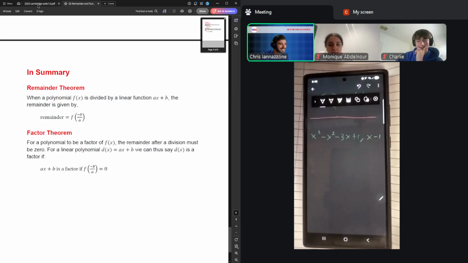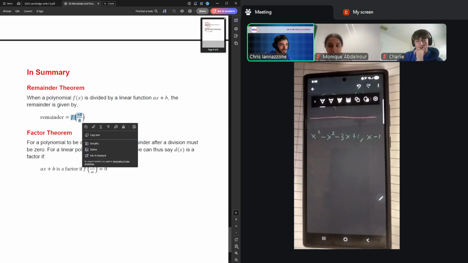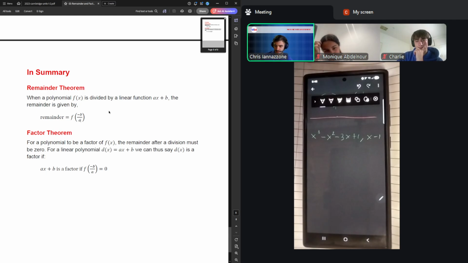50-50, no worries. Yeah, so we're just going to use the remainder theorem here, which means we need our function f of x, we need negative b, and we need a. Easiest one's probably going to be f of x. What is f of x in this scenario?